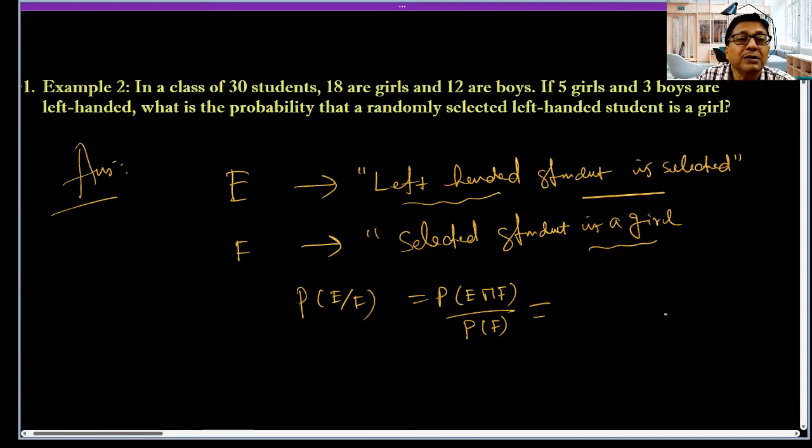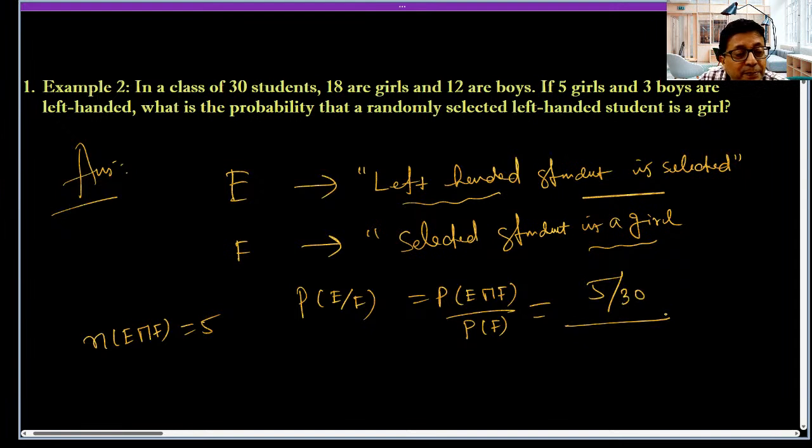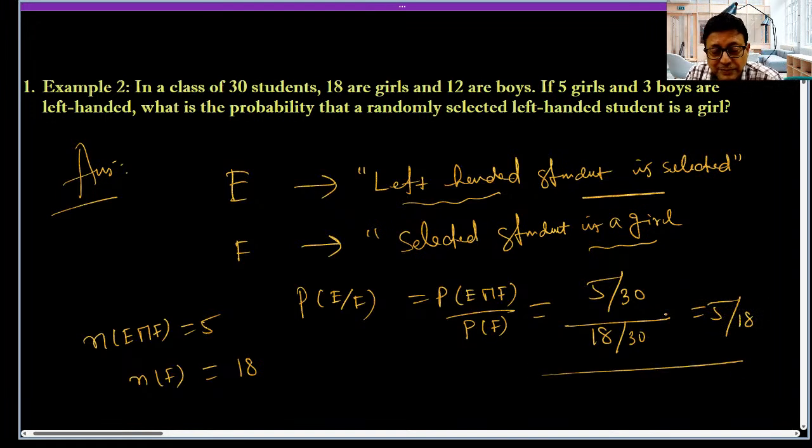So left-handed girl students, how many? 5. So this probability will be 5 by 30. And P(F), only F, how many? 18 girls are there. So this will be 18 by 30. 5 by 18. Clear? Hope you have understood the basic concept of conditional probability.